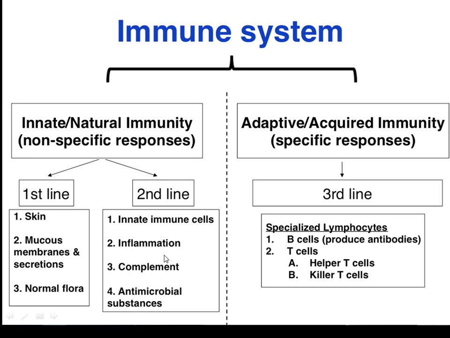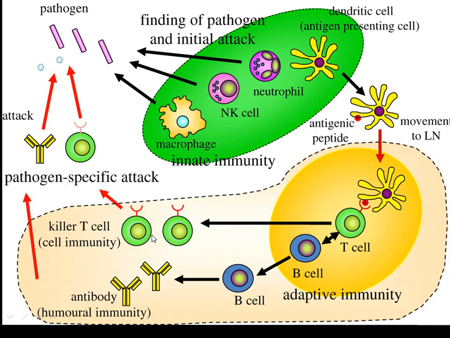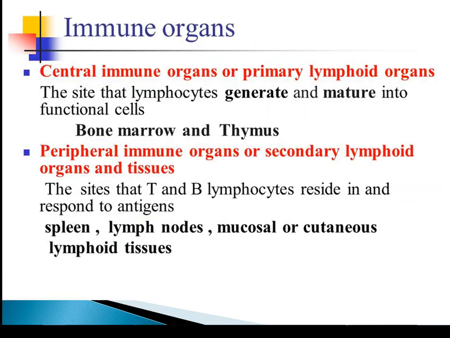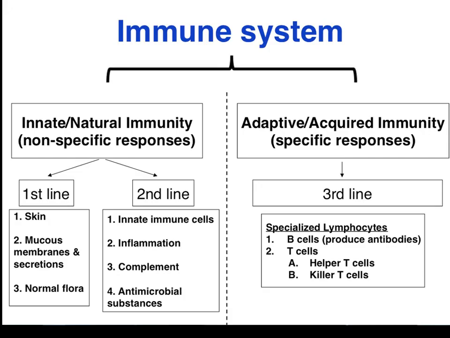It includes toll-like receptors. It includes innate immune cells like neutrophils, macrophages, and also natural killer cells. These natural killer cells kill tumor cells, virally infected cells, bacteria, and parasites.